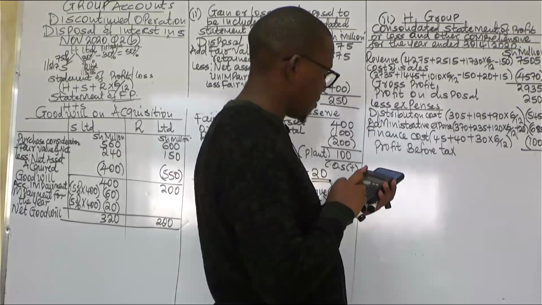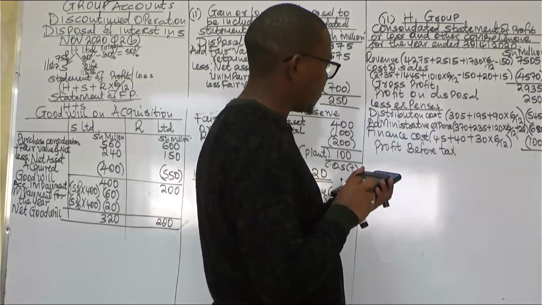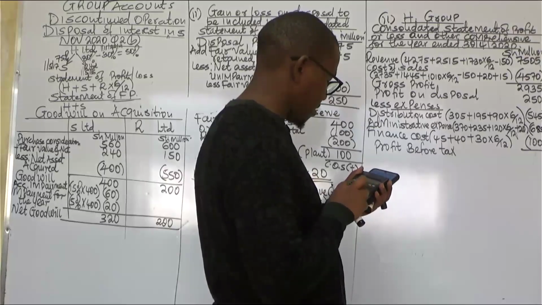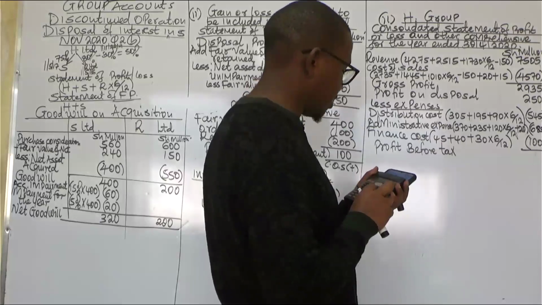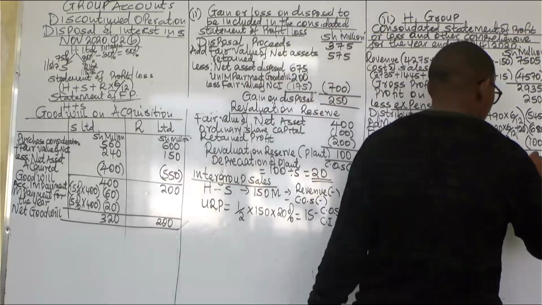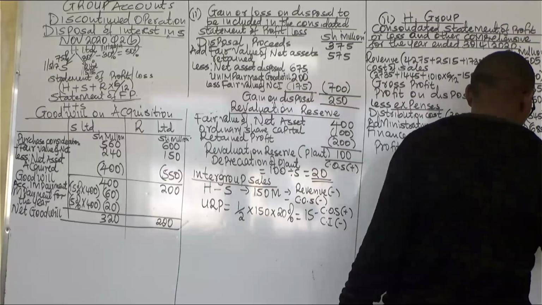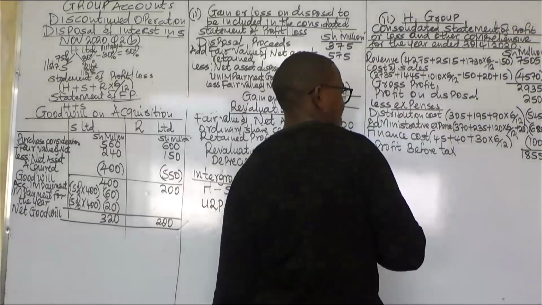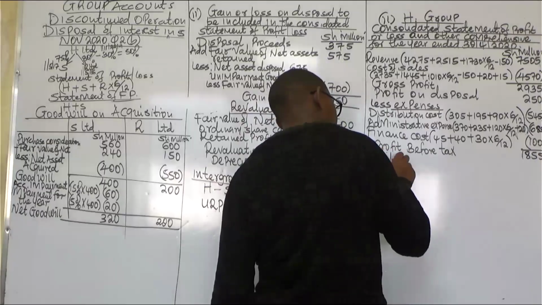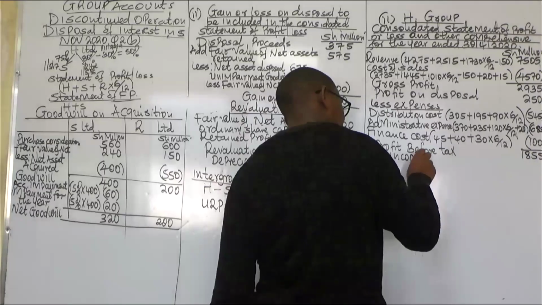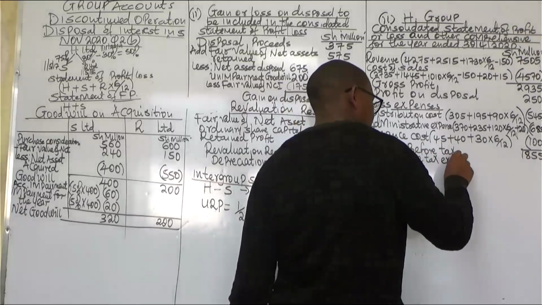$29.35, 250, 545 minus 545, 685 you minus 100. This is 1855. So you less the income tax. Tax expense.